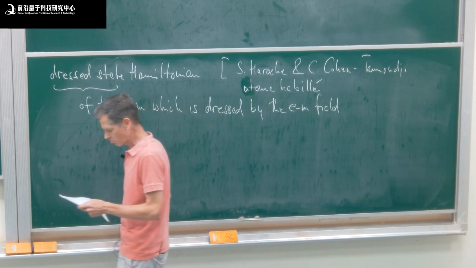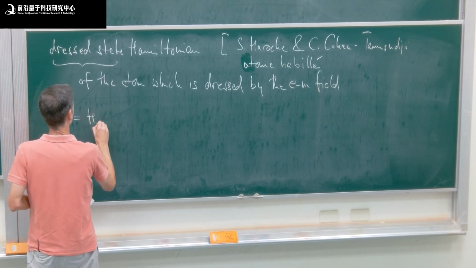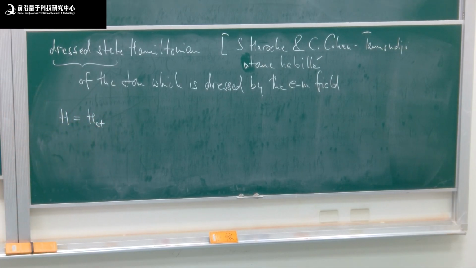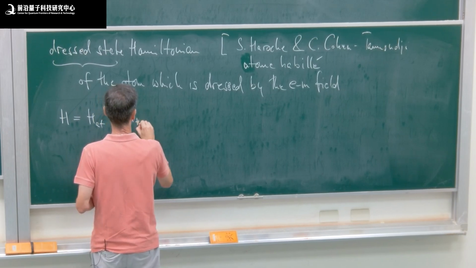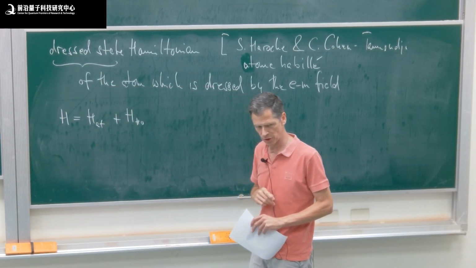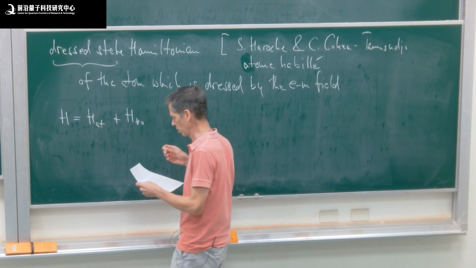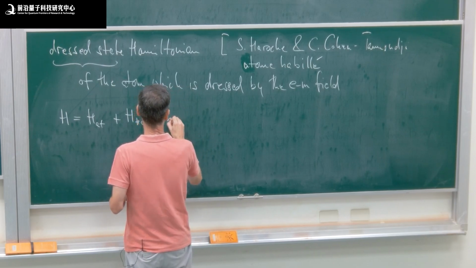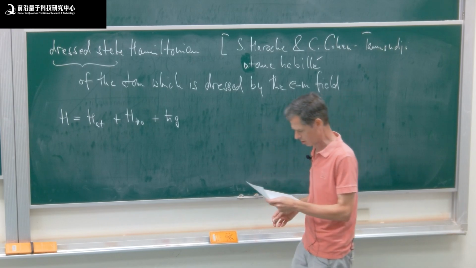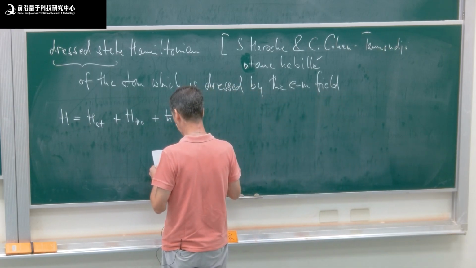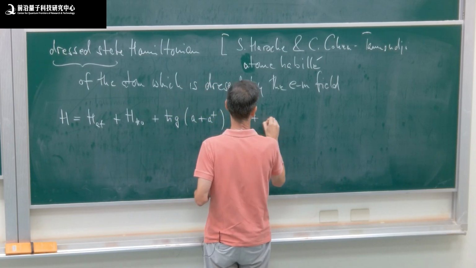And so this total Hamiltonian now looks as follows. H equals the Hamiltonian of the free atom, which is just our two-level system, so that's essentially sigma z. Then plus the Hamiltonian of the free quantized field mode, which is a harmonic oscillator in creation and annihilation operators. And then plus the fully quantum translation of this classical interaction Hamiltonian, which I wrote down there, given by a plus a dagger times sigma plus sigma dagger.